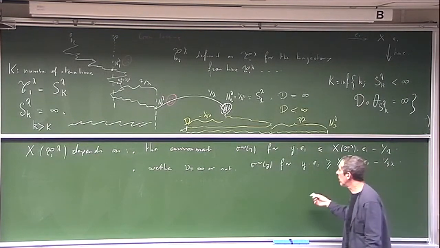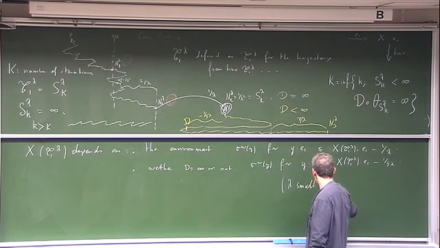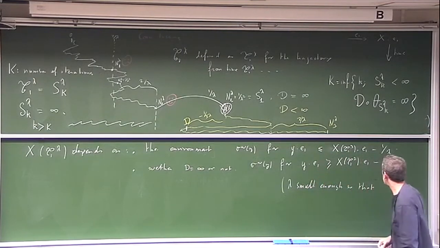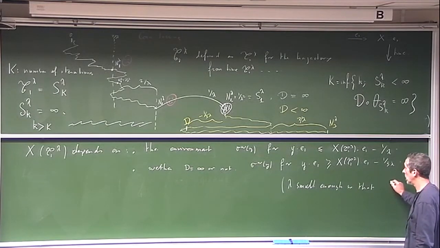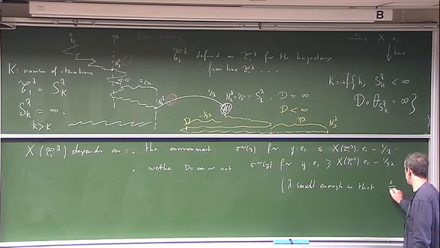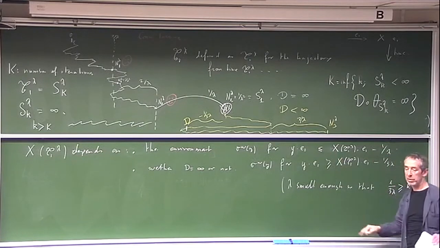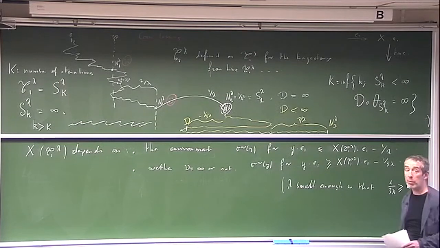So I will assume that lambda is small enough, I think maybe it should be 2/3 of 1 over lambda, but let us put 1/3 to be sure, so that it's larger than R0. So in such a way that these two parts of the environment are separated by a distance at least R0, so that we will get this decoupling.